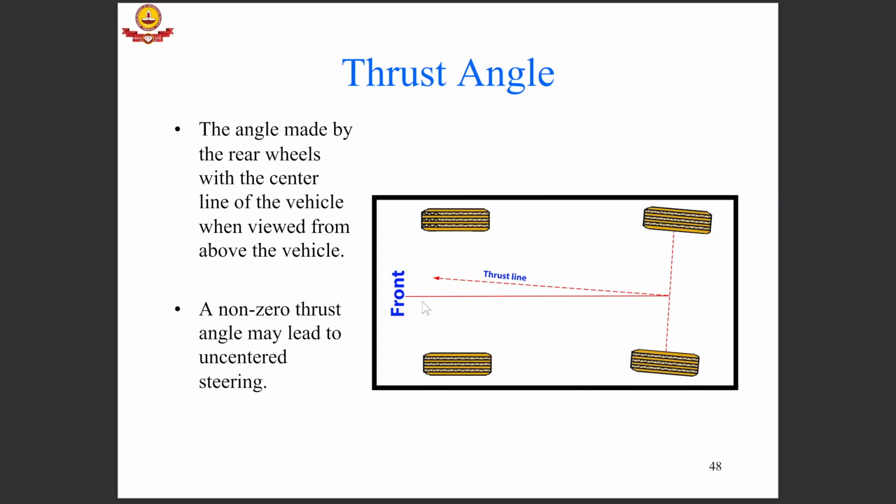It is the angle made by the rear wheels with the center line of the vehicle when viewed from the top, and a non-zero thrust angle may lead to uncentered steering. In this particular case, if you were to connect to the bicycle model, delta R comes into play, which leads to uncentered steering.